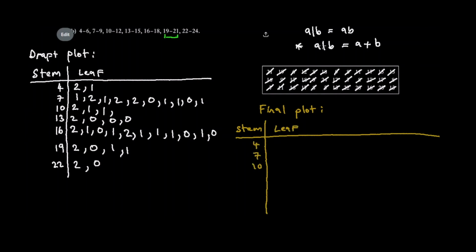Saka tatiseta kushandisa a b is equals to a plus b because of 19 to 21. Because panapa in the same class tiri kuchinja ma stem. Saka you should be careful of that. Okay. 13, 16, 19, 22. Saka it's just 1, 2.